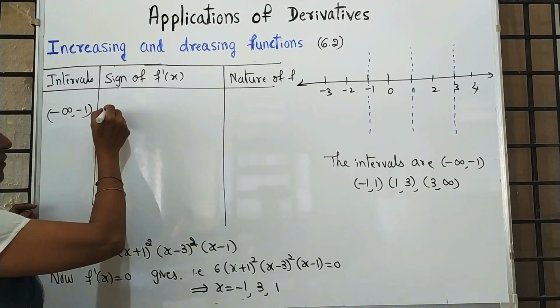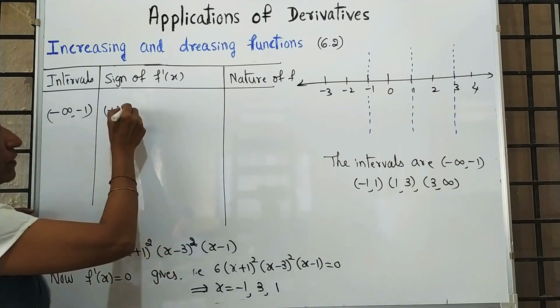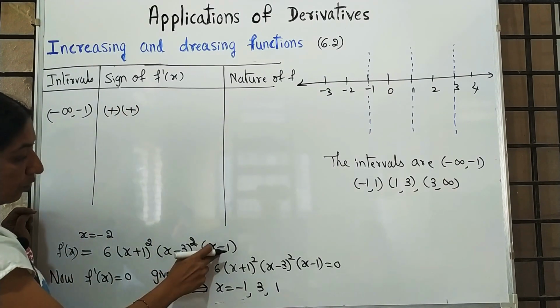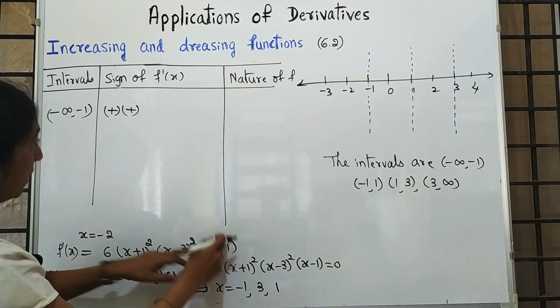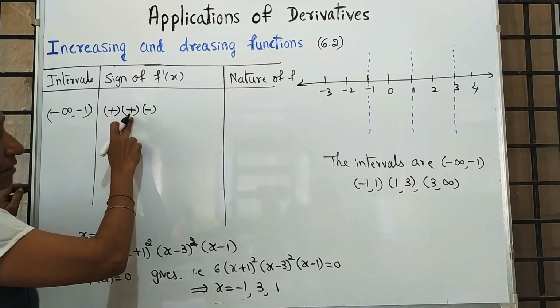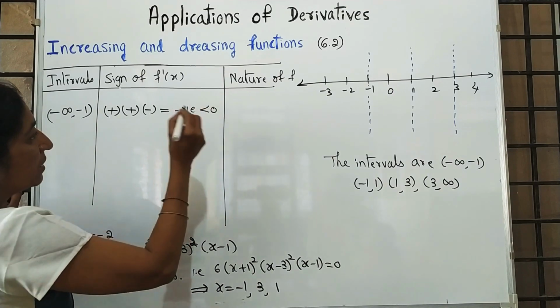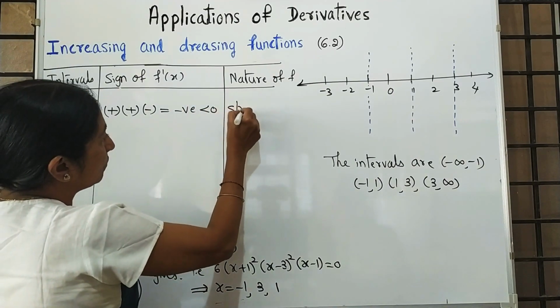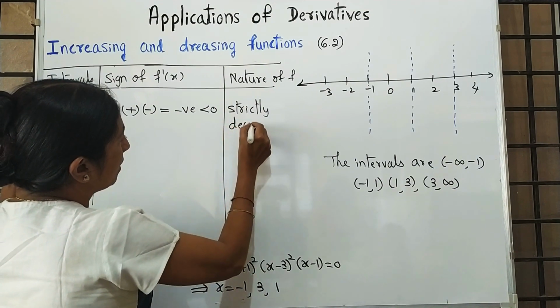Positive. The first bracket is positive. Second is also positive because we have a square. What about the third bracket? Third bracket is minus 2 minus 1, that is negative. Plus into plus is plus, plus into minus is minus, that is negative, less than 0. Strictly decreasing.